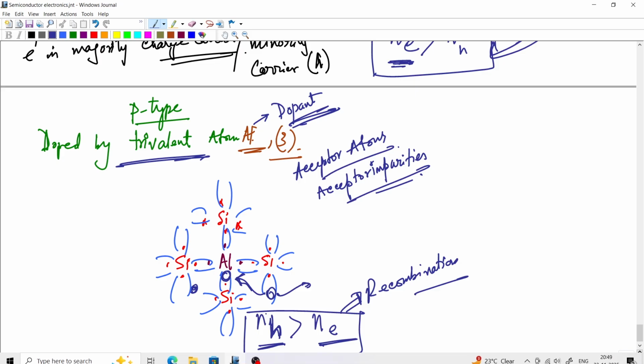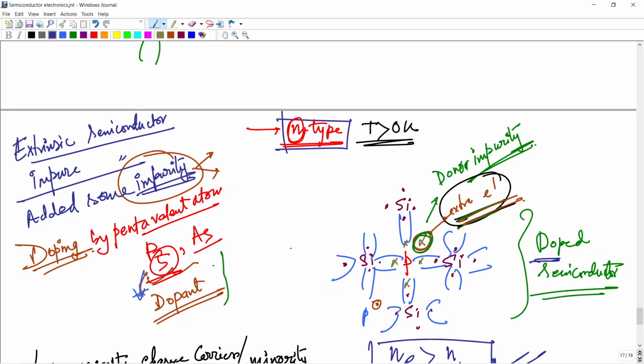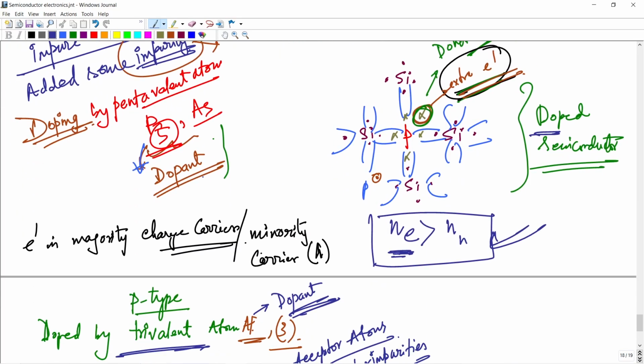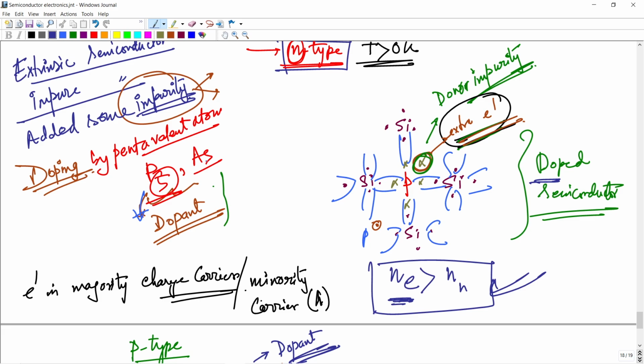For the n-type semiconductor, doped by a pentavalent atom such as phosphorus or arsenic, you get one extra electron, which means an extra charge carrier.